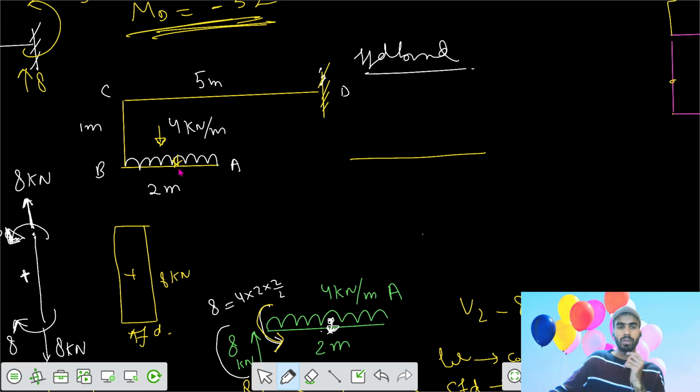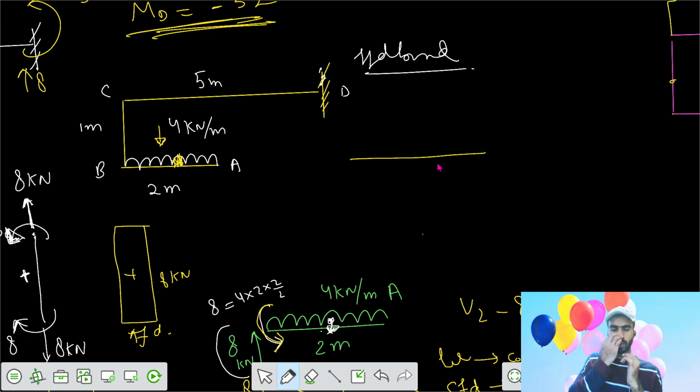Loading is acting downwards, so in your direction loading is acting... you are seeing the diagram.